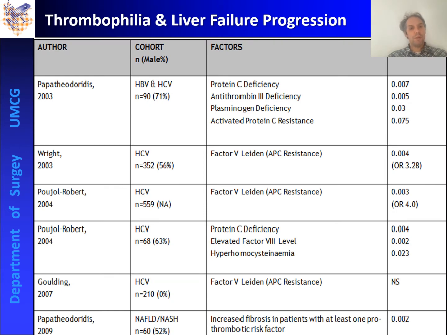There are also epidemiological studies backing up this concept of hemostasis and thrombosis driving liver disease progression, and a few of them are exemplified here. For example, this is a study from Wright, which showed that patients who have a thrombotic tendency because of a famous mutation in factor 5, called factor 5 Leiden, progress faster than the general population when they contract the hepatitis C virus and develop liver disease, and some of them ultimately cirrhosis.